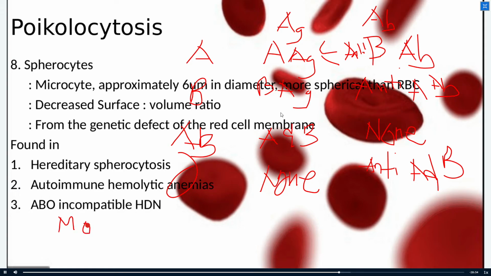the mother is blood type O. And yung anak, yung newborn, would become anong blood type class? Tingin nyo.